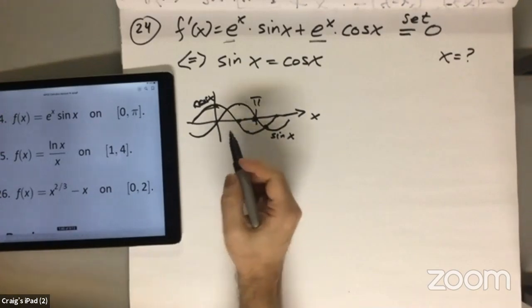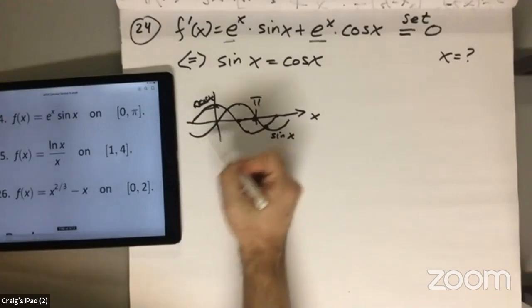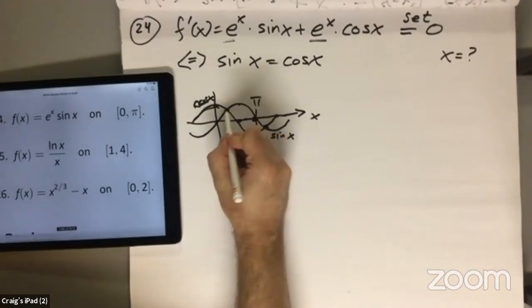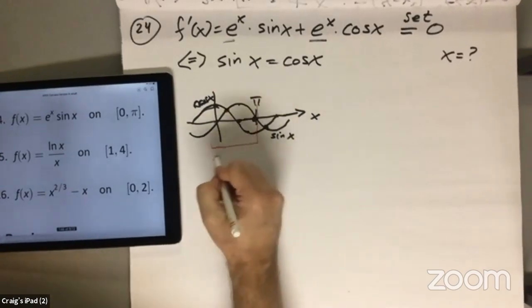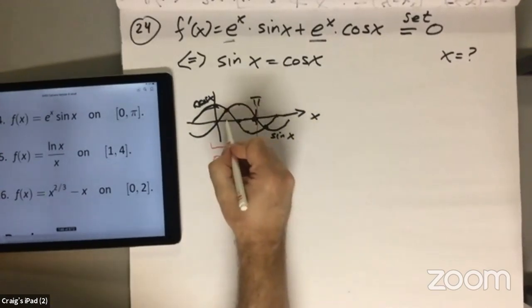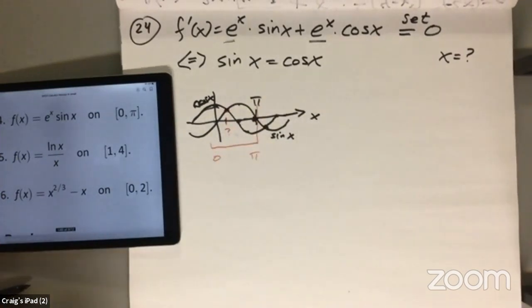So the only place where the cosine function equals the sine function on the limited spot that we care about, from 0 to pi, is right there. That's where the sine function equals the cosine function.